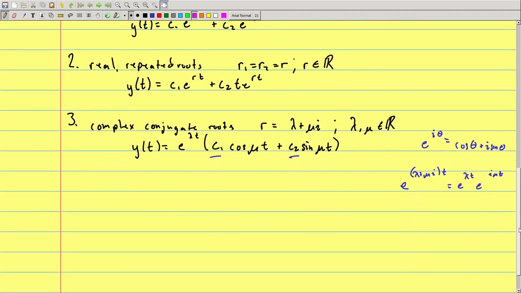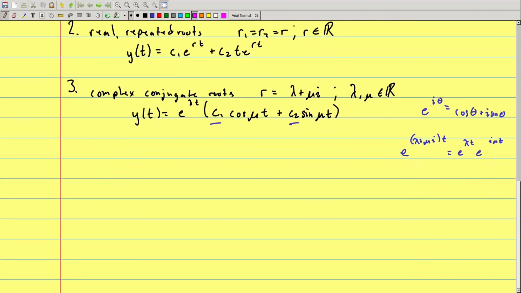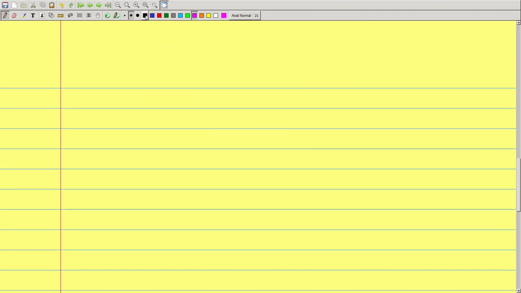Now, because of that, of course, we need to make sure that we're careful as we transition into the more sophisticated problems, which are the non-homogeneous cases. Okay.